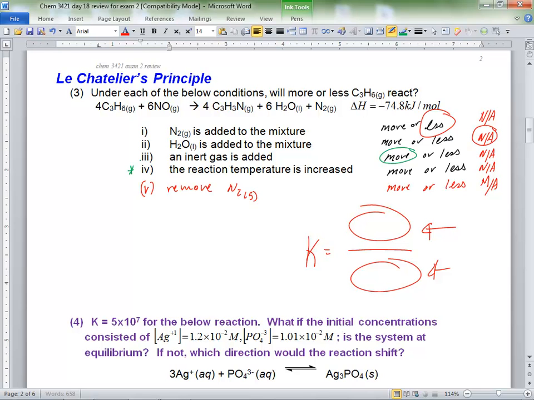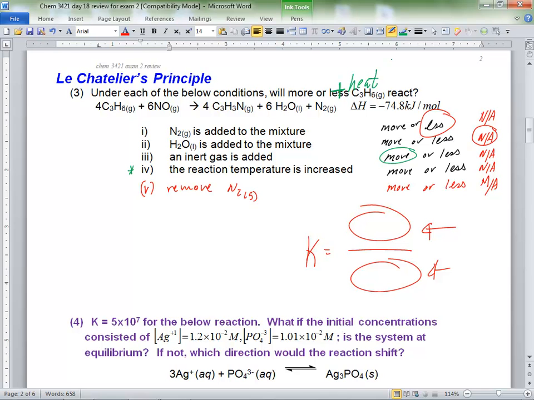What was the trick? At least how I did it. Exothermic, so where do you write the word heat? Product. So treat heat as a reactant or a product. Then you can treat it just like we do the rest of the Le Chatelier problems.